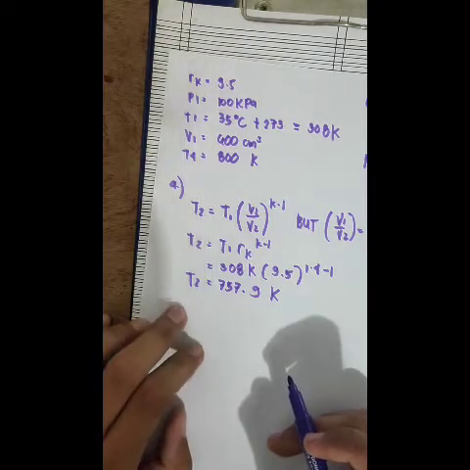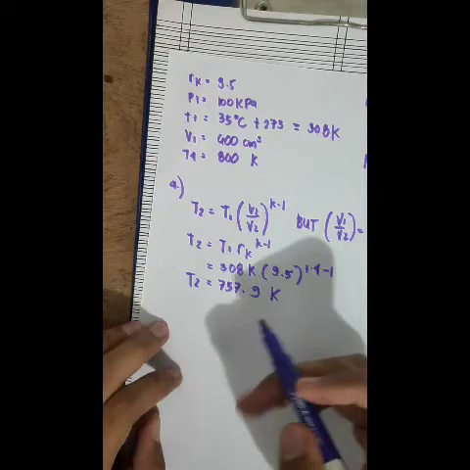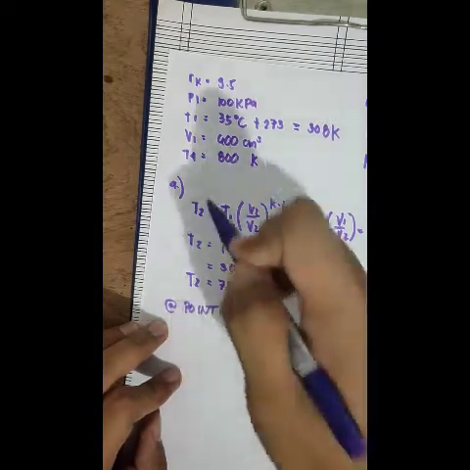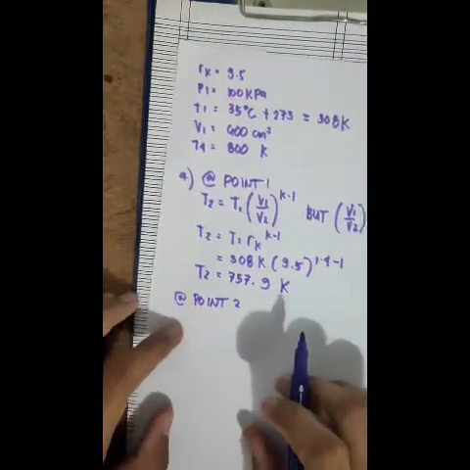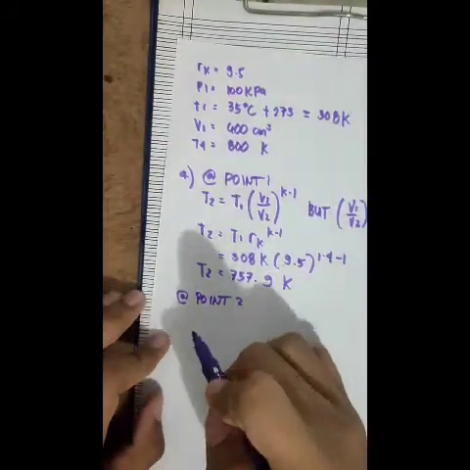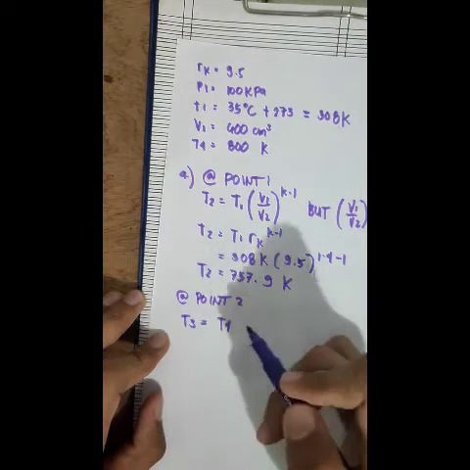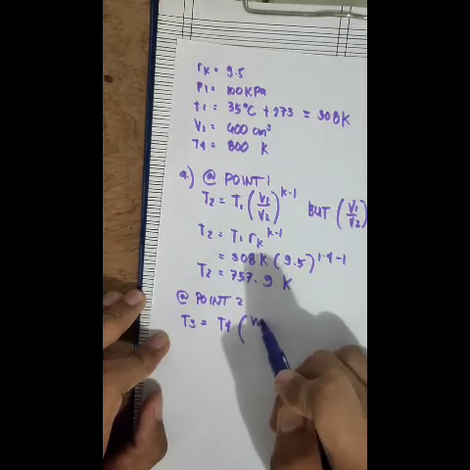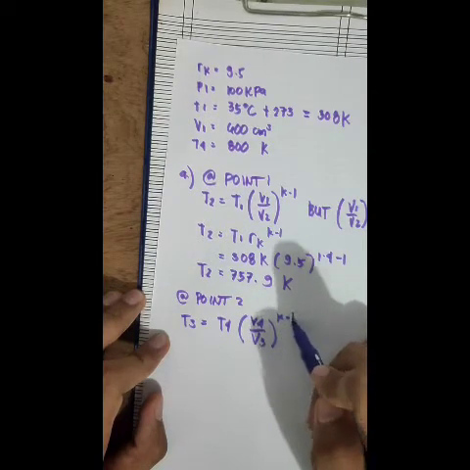And so what we are finding here is the T3. So this is at point 1, and at point 2, T3 is equal to T4 multiplied by V4 over V3 raised to K minus 1.